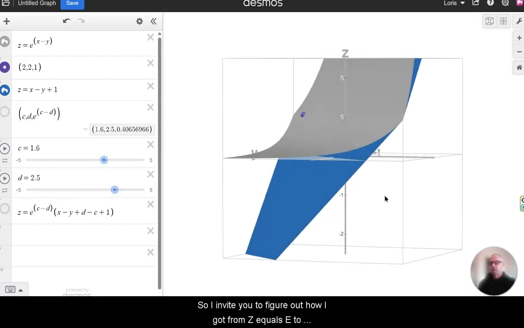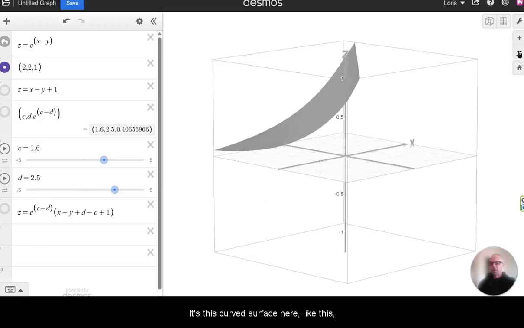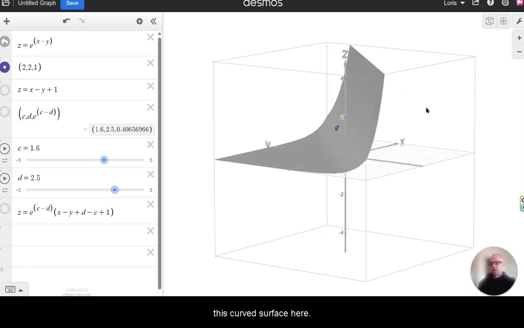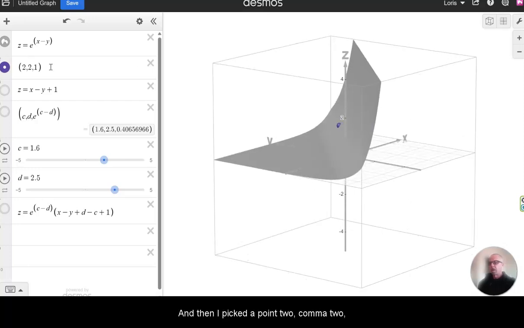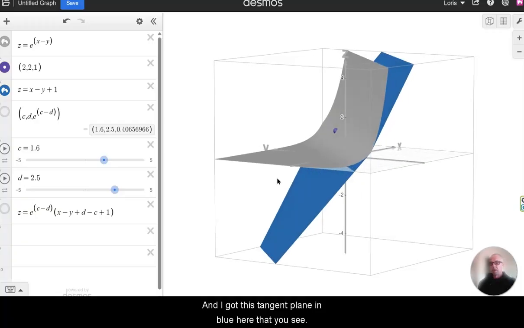So I invite you to figure out how I got from z equals e to the x minus y, which is this curved surface here, and then I picked a point 2, 2, 1 because it's nice to plug in, and I got this tangent plane in blue here that you see.